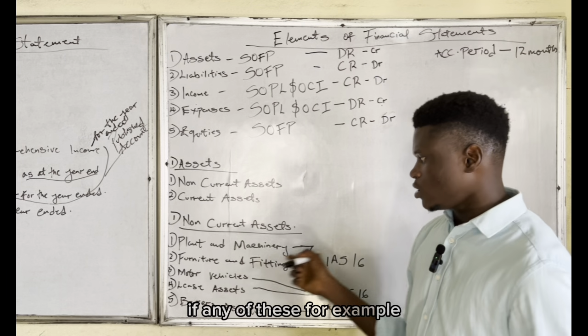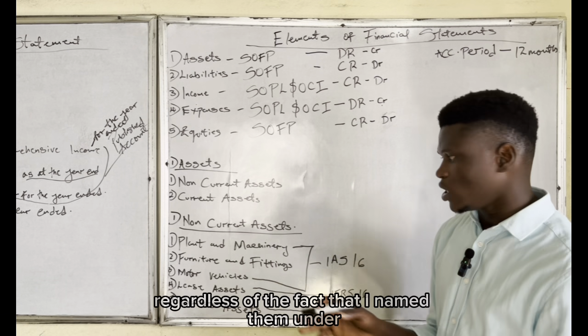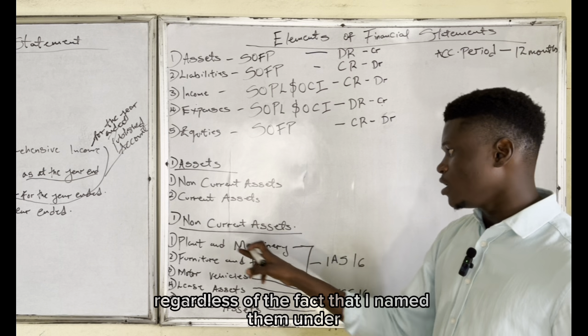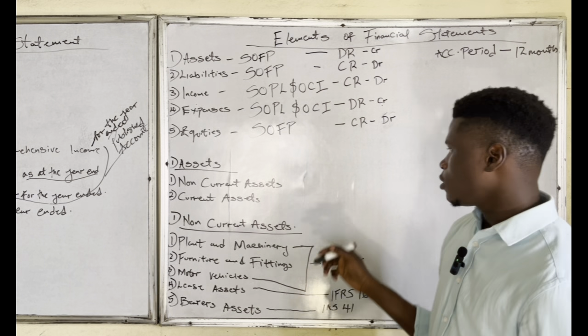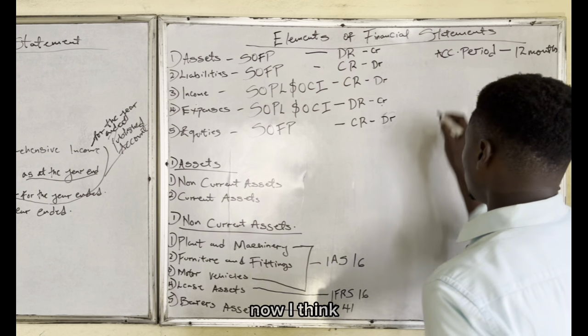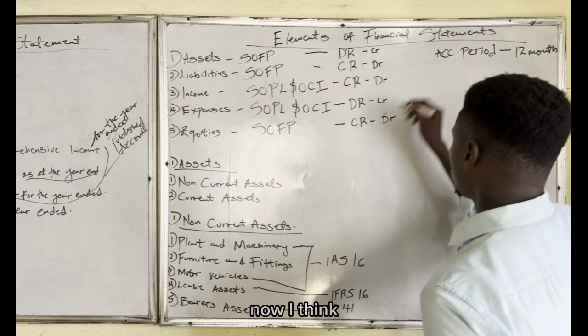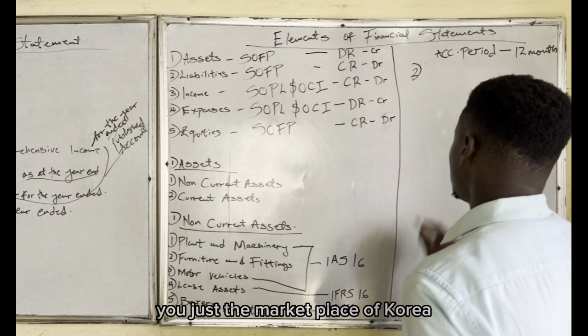If any of these, for example, can be realized completely within an accounting period, regardless of the fact that I named them under non-current assets, they should be part of current assets. So we'll see what is also under current assets now.